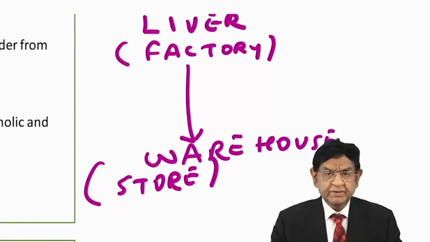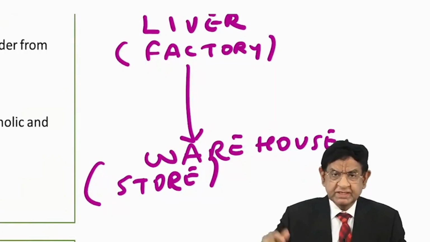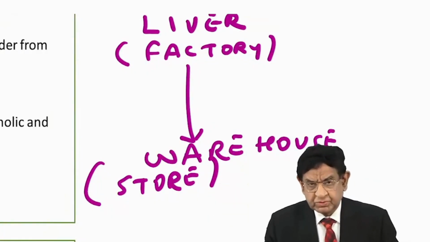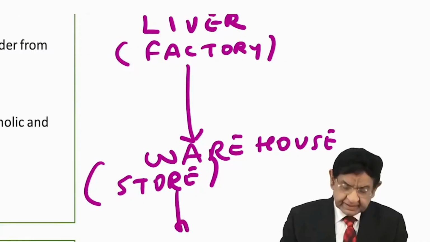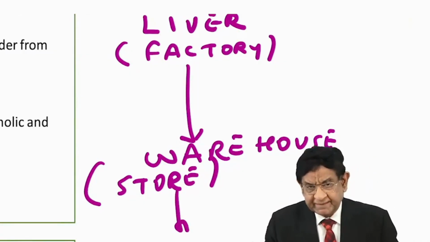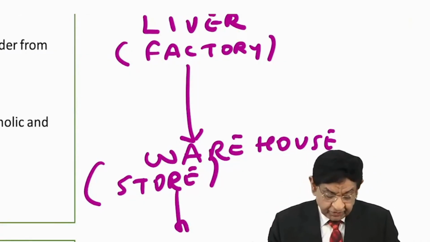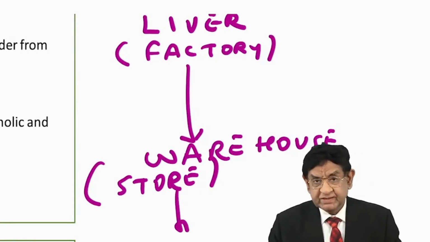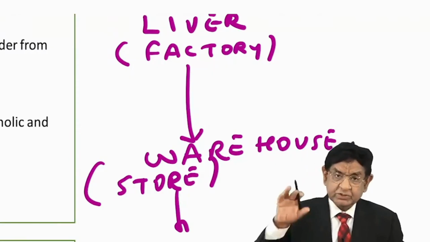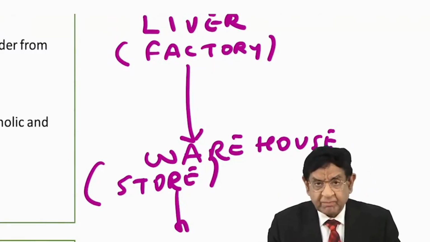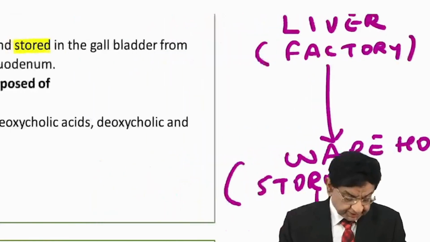The warehouse for any factory is the place, or storehouse, where the things are stored. Manufacturing is very fast. They go to the warehouse, are stored, and from there ultimately go to the market for sale. Well, for us, the liver is the factory for the formation of bile, and the storehouse is the gallbladder. Point to be noted.